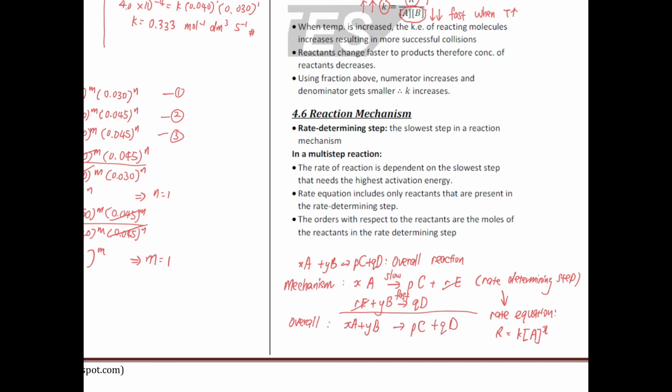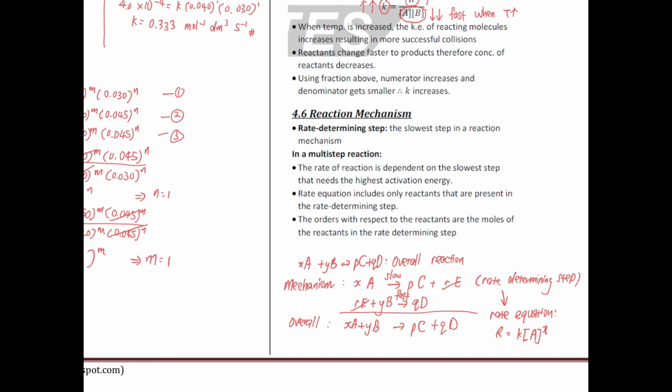So you find the rate determining step, look at the reactants, and that reactant together with its mole becomes part of the rate equation. The reactant that is not there is zero order. This is the third way: the rate determining step determines the rate equation.